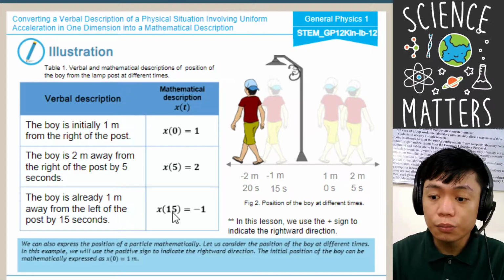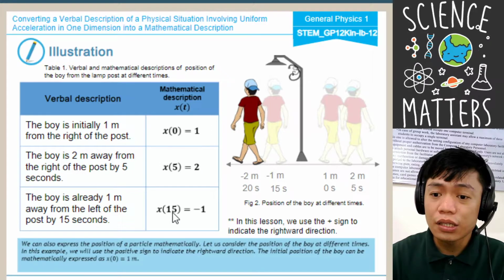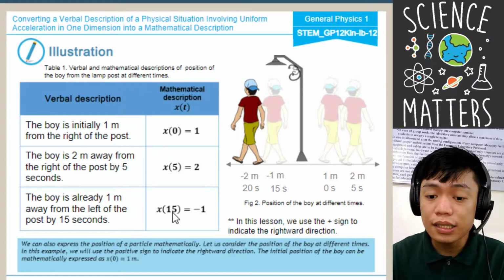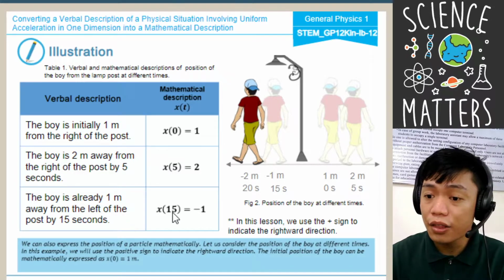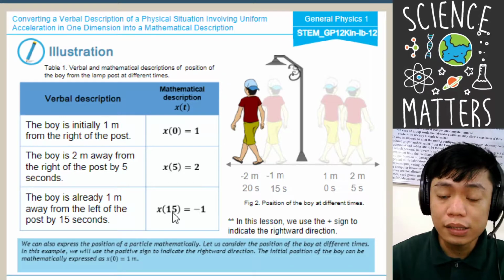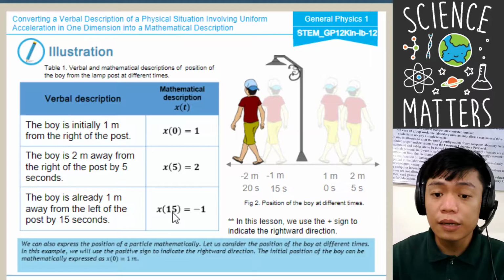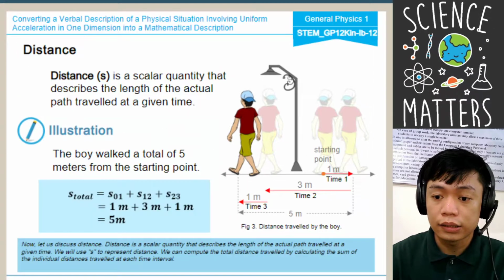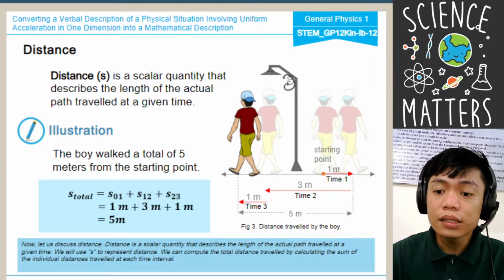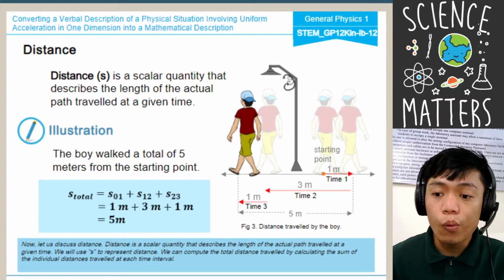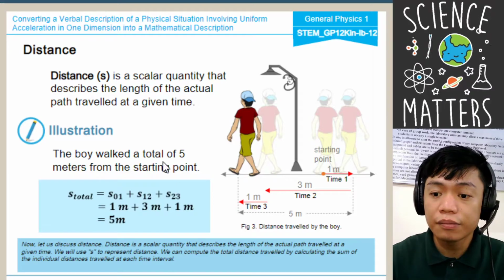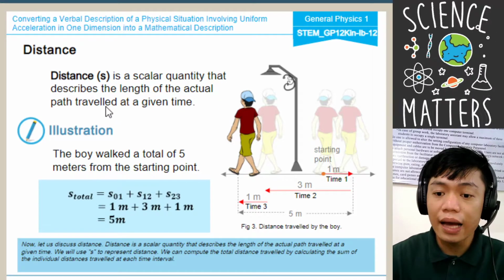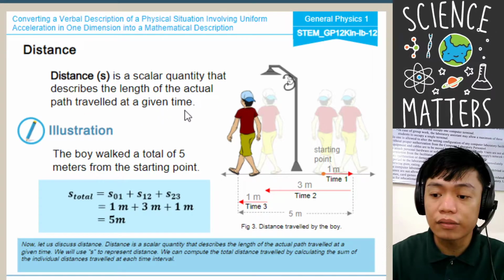The distance is another part in describing the motion of an object. Distance is a scalar quantity that describes the length of the actual path traveled at a given time.